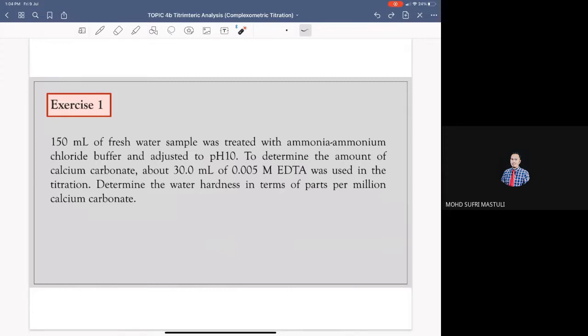It was adjusted to pH 10 to determine the amount of calcium carbonate. 30 ml of 0.005 molar EDTA was used in the titration. Determine the hardness in terms of parts per million of calcium carbonate.